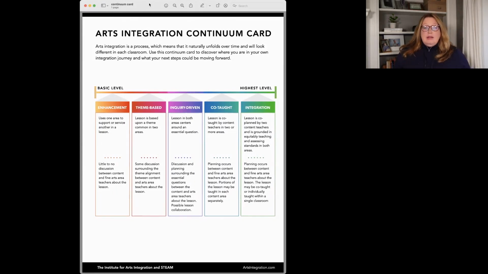So here's the deal about arts integration. When I first started decades ago, it's weird to put an S on that, decades ago, it was my understanding that arts integration was all or nothing. And that was really difficult for our teachers in our school, to be quite honest. I mean, I was gung-ho to do it, and I'm an all or nothing girl.